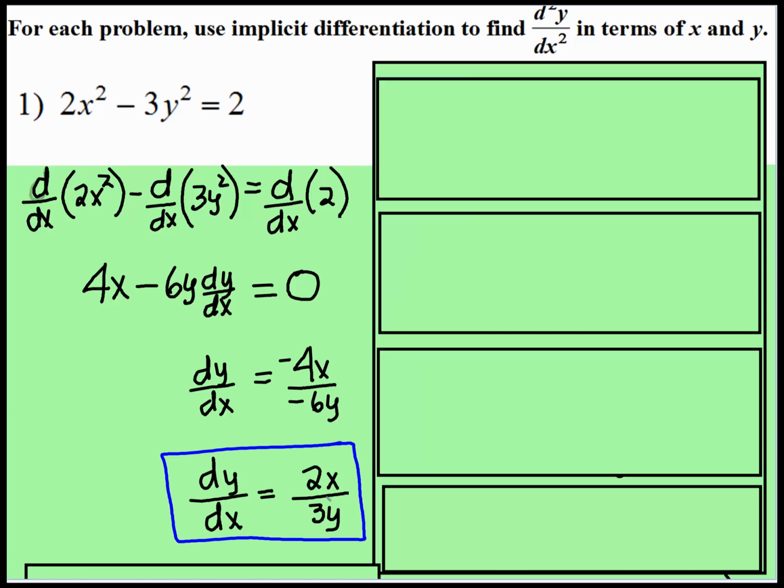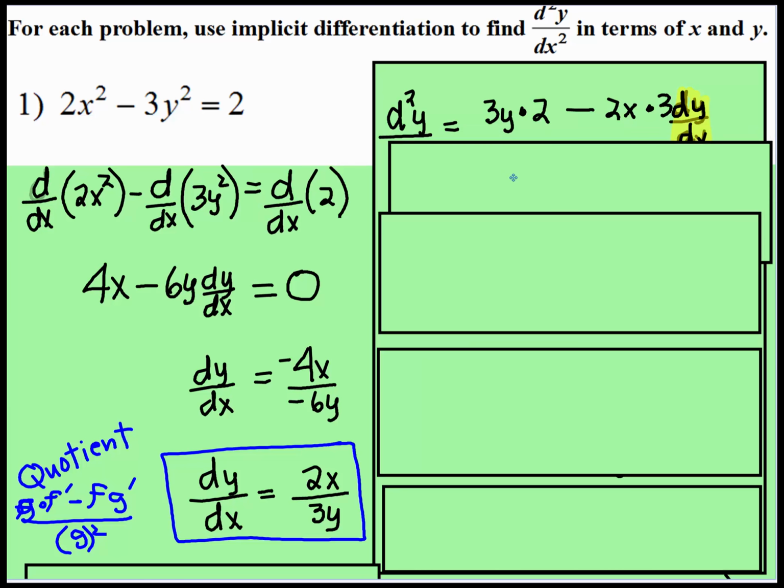you need to find the derivative of this, and you would need to use the quotient rule. So g times f prime, subtract f times g prime, all over g squared. Okay, so g is 3y, and the derivative of 2x is 2.